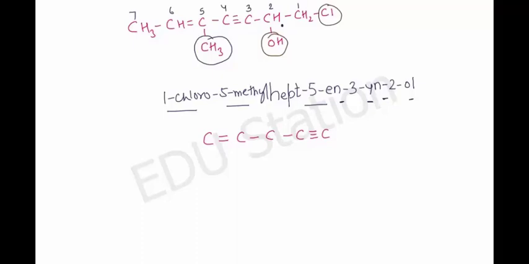So the numbering will start from this end. It will be 1, 2, 3, 4, 5. Just keep this in mind, that if nothing else is there and double and triple bond is there, then double bond has a preference over triple bond.